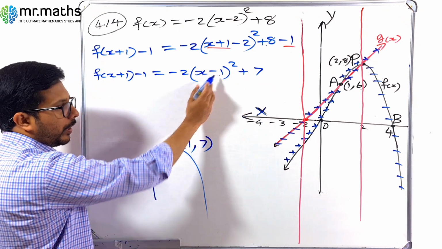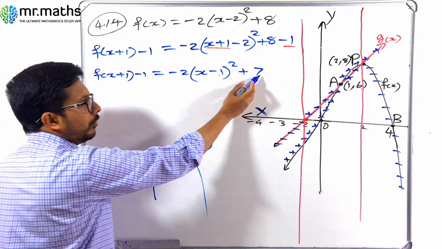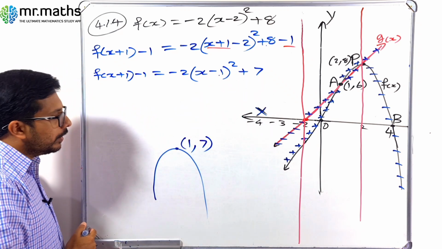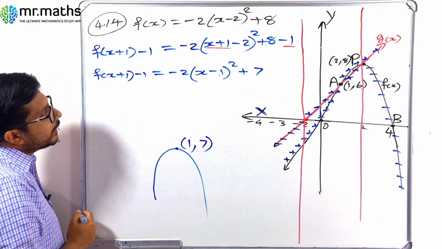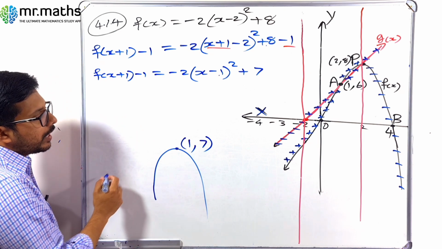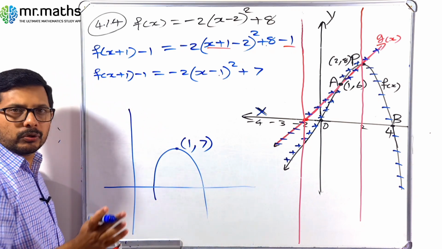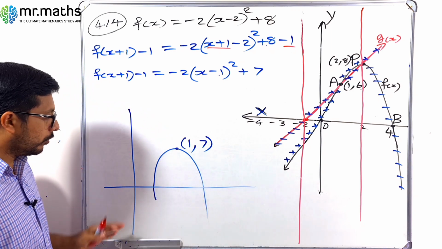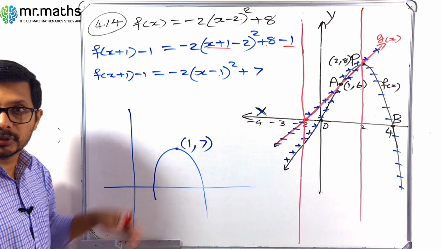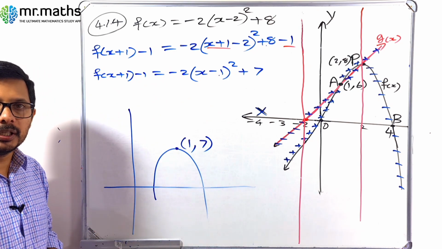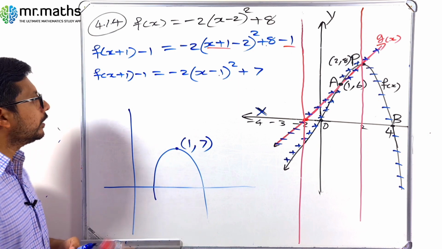Opposite sign of this minus 1, here it is positive 1, and 7 stays, that is the turning point. Now I'm just drawing an example. I don't know whether it is up or down. I just want the turning point and the y value. What is the question? You have to find the range.